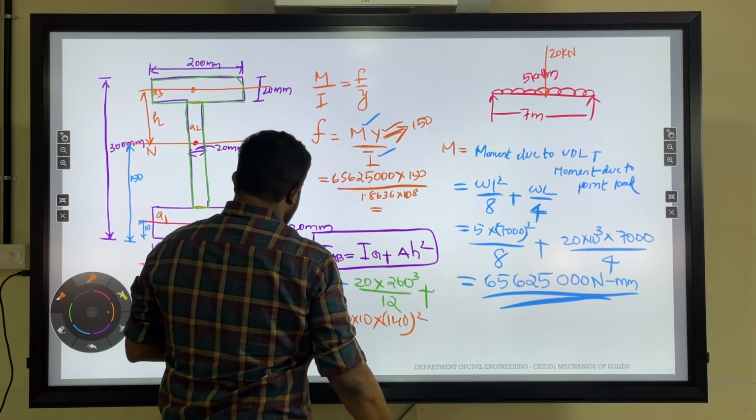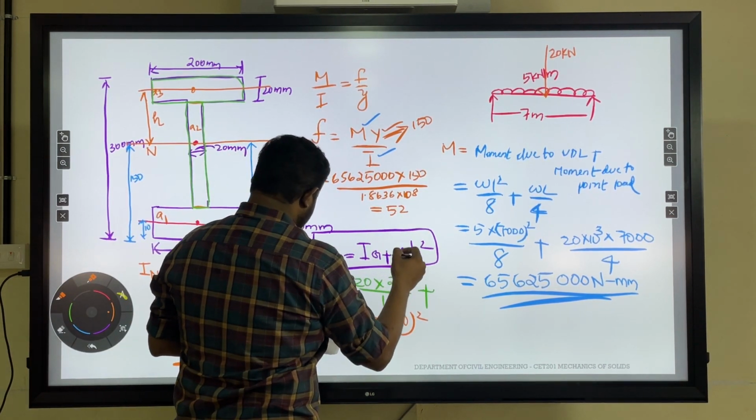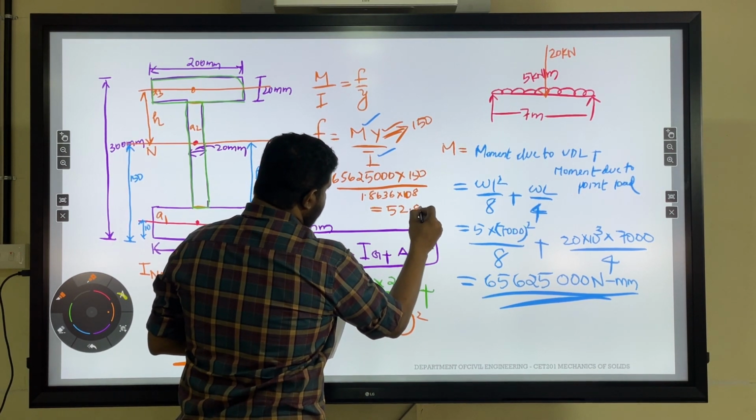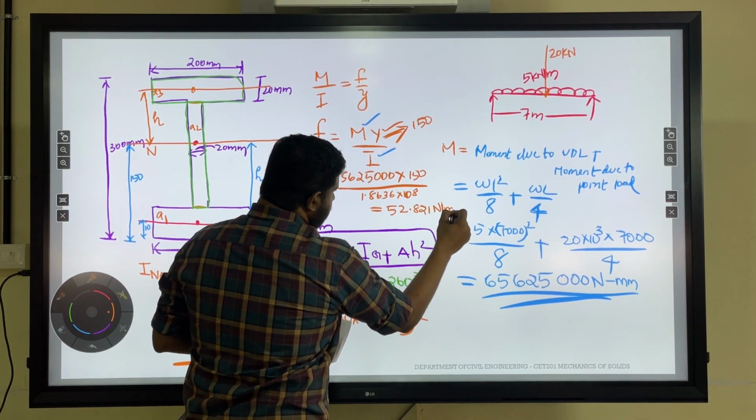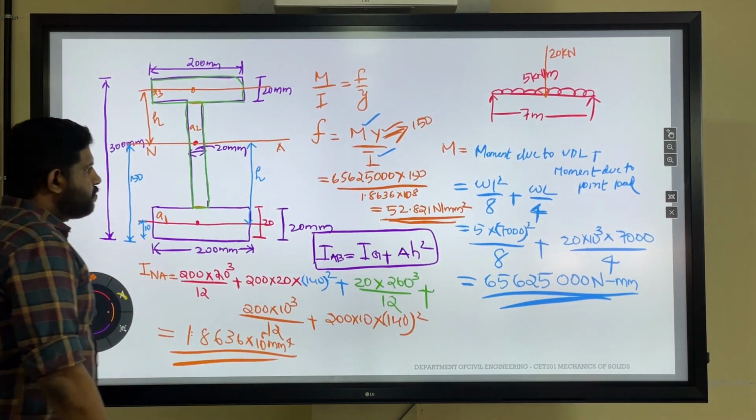On solving, you will get the bending stress f equal to 52.821 Newton per mm squared. So this is the problem.